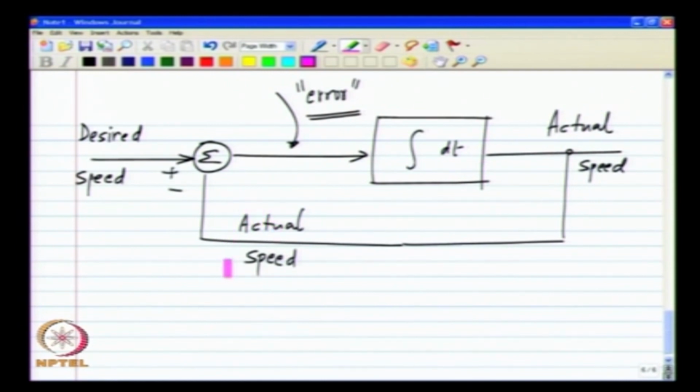The actual speed is higher than the desired speed, the error will be negative, and the integrator will go on reducing the actual speed. Either way, the only way the integrator will stop increasing or decreasing the output is if the input happens to be 0.